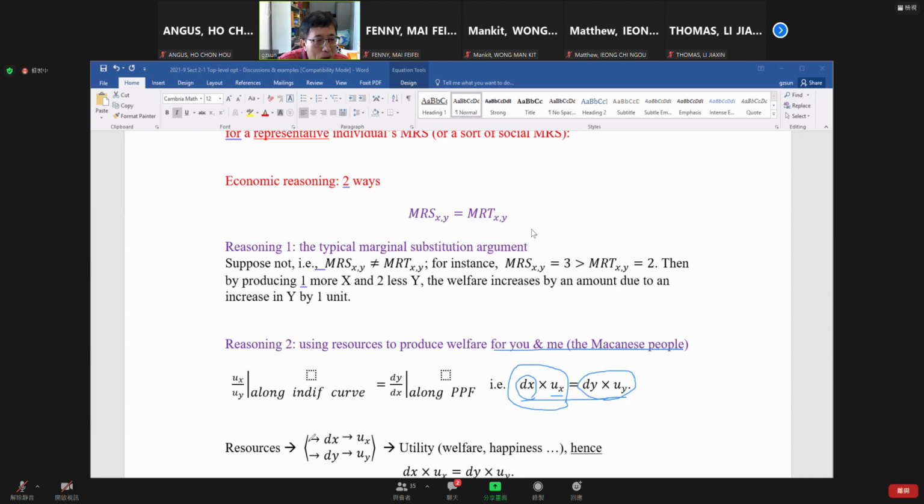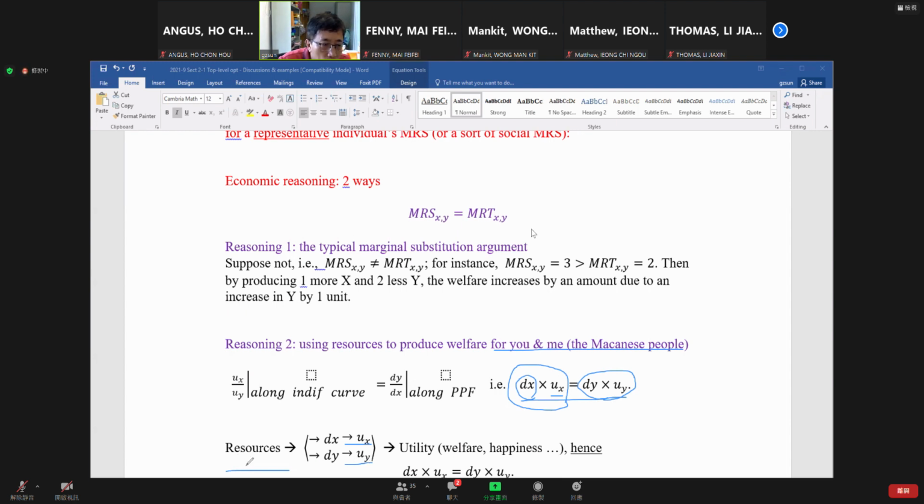And that is, we are using resources to either produce X or produce Y. If we produce X, we can increase the utility deriving from X, or if we produce Y, we can increase utility deriving from consumption of Y.